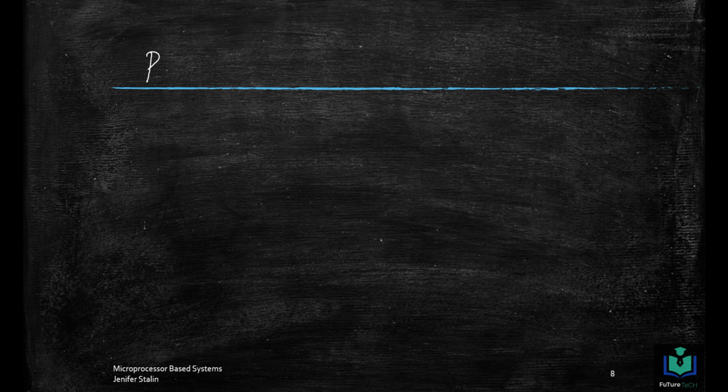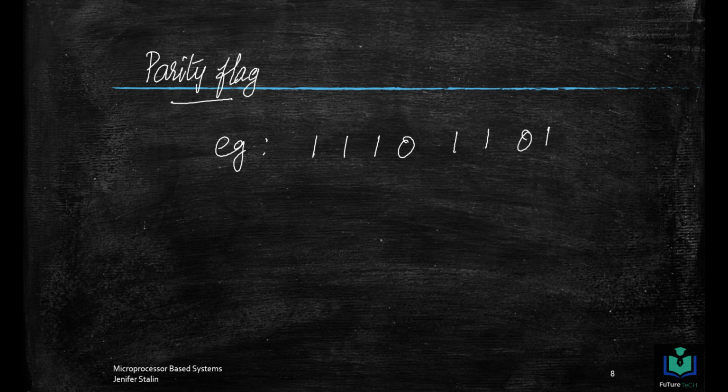So the next flag is the parity flag. As I said, when the arithmetic operation results in an even number of ones, the parity flag is set, otherwise it is reset. So let's say for example, you have an 8-bit number like this. Just count the number of ones.